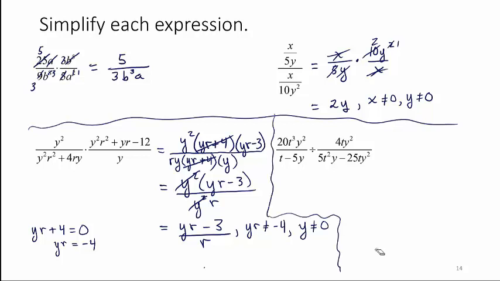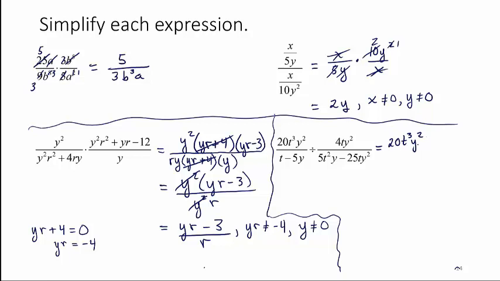So in this last example, we have 20t cubed y cubed divided by t minus 5y, divided by 4ty squared divided by 5t squared y minus 25ty squared. Okay, so the first thing I want to do with a problem like this, multiply by the reciprocal.